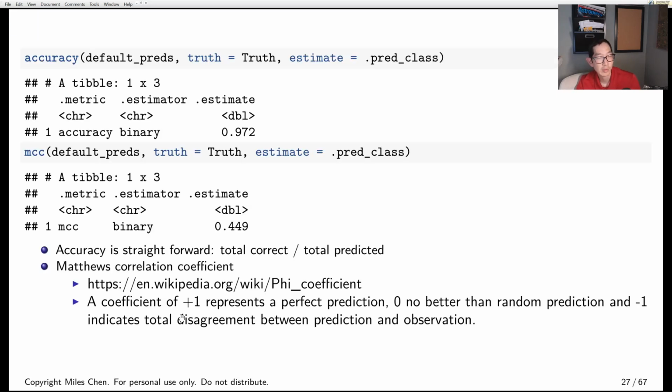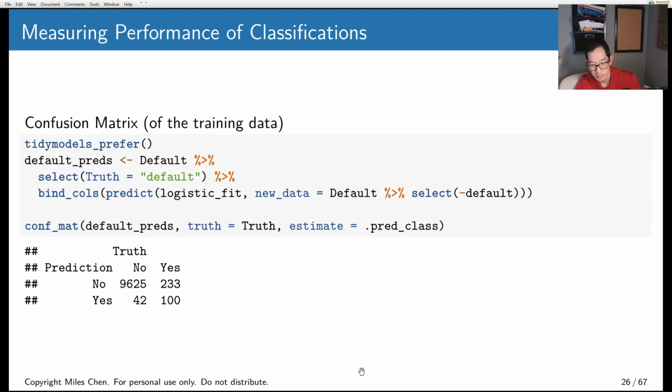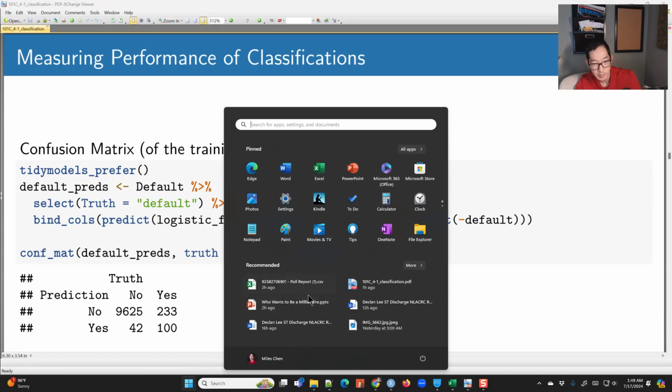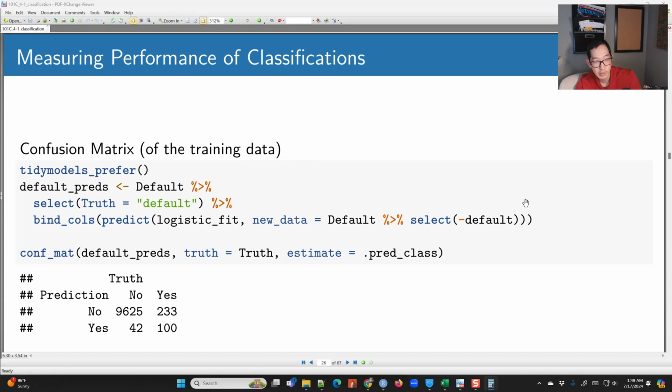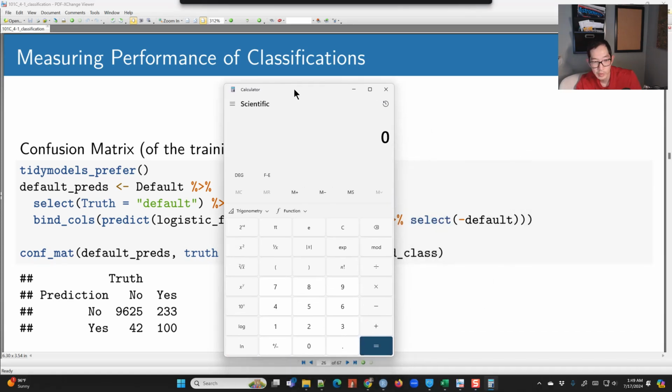So what is our overall accuracy? The way accuracy is calculated is we ask how many observations there are in total. I think there are 10,000 observations, but let me just do 9,625 plus 233 plus 42 plus 100. So we have a total of 10,000 observations. How many of them were correct?